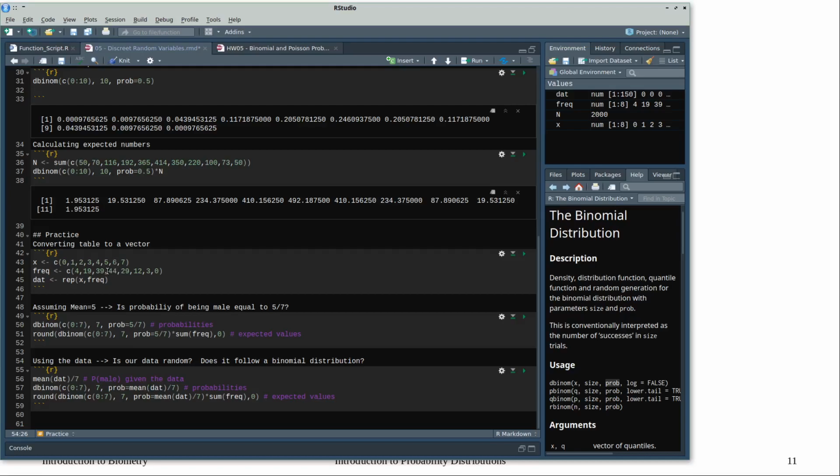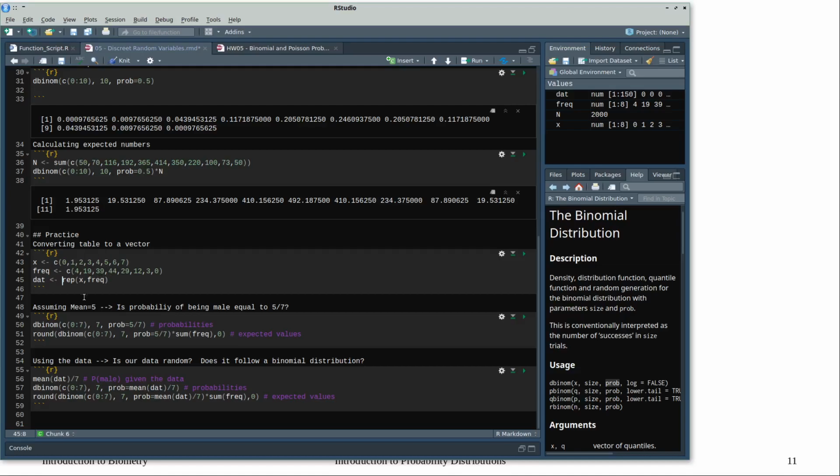It's not always required, especially if we were given the probability of success. We don't really need to do this. We just need this column to get our total that's used for the expected numbers. But I know we're going to have to calculate the mean from the data, so I went ahead and converted my table to a vector.